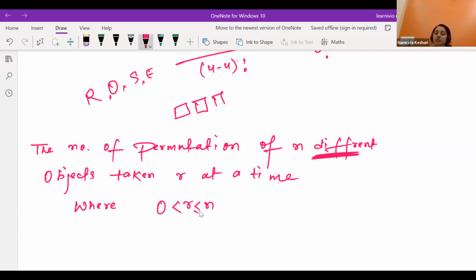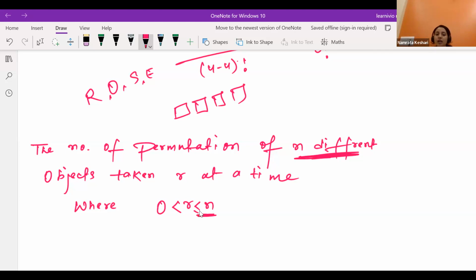Maximum you can arrange four at a time. If repetition and all we are not thinking about those scenarios, then maximum four at a time only we can take, right? Yes, ma'am. That's why here it is equal to n.